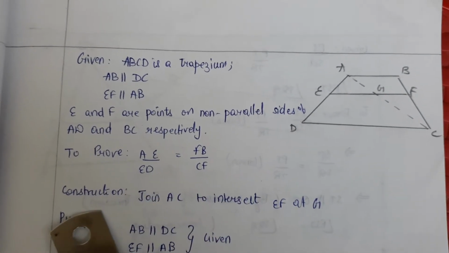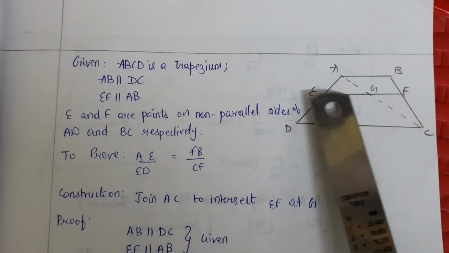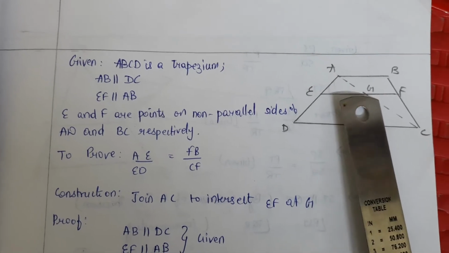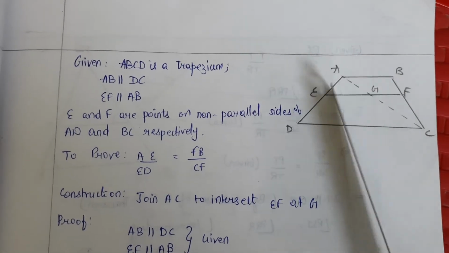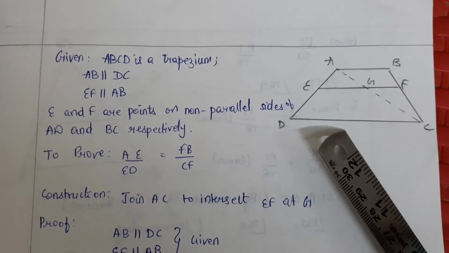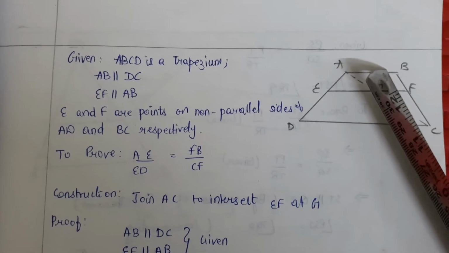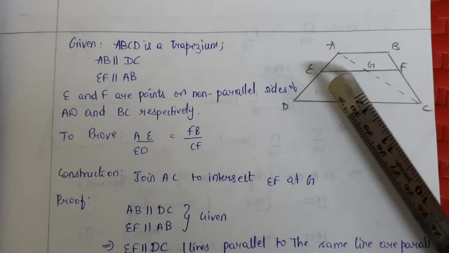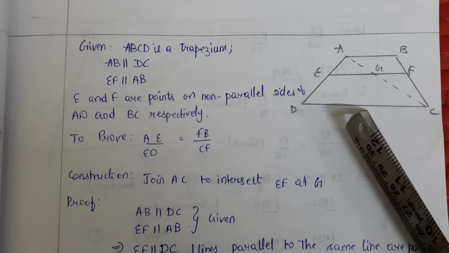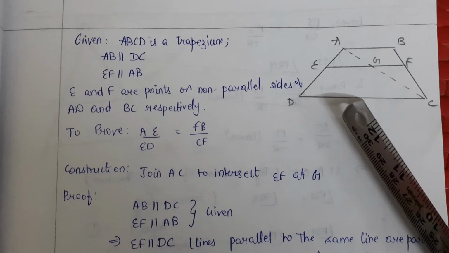For that we are going to do a construction. We are joining AC to intersect EF at G. Now we have AB parallel to CD, and EF parallel to AB. Then EF is also parallel to CD, because lines parallel to the same line are parallel to each other.